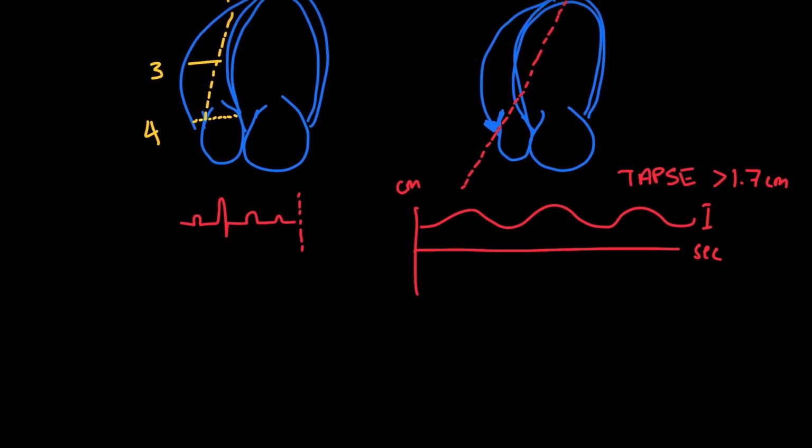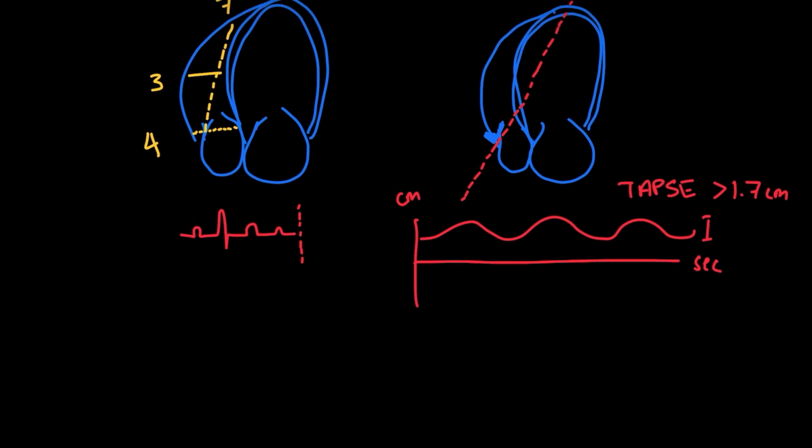Another way is to use tissue Doppler. So let's look with tissue Doppler. And again, we're measuring that lateral insertion of the tricuspid valve. And with tissue Doppler, you'll get a graph like this. Tissue Doppler is similar to Doppler measuring the flow of blood, but it measures lower velocity, so centimeters per second by seconds.